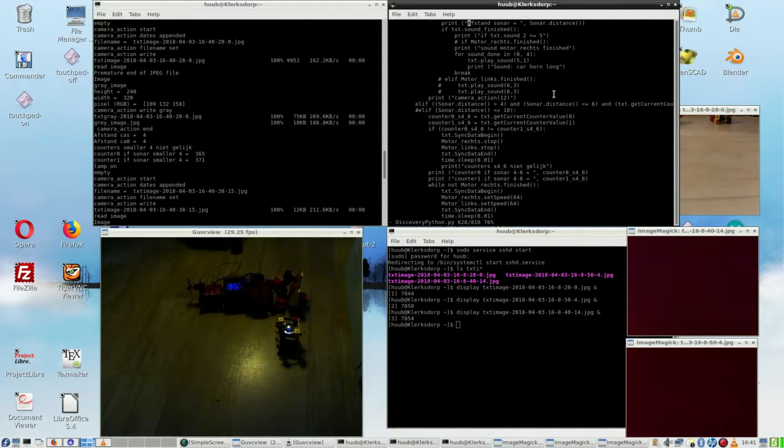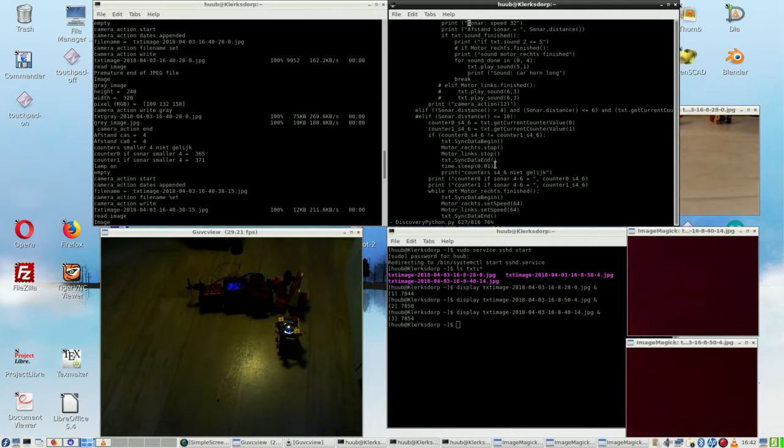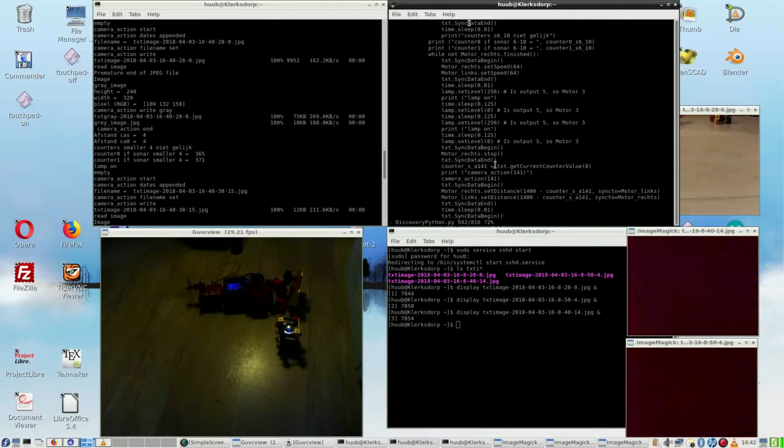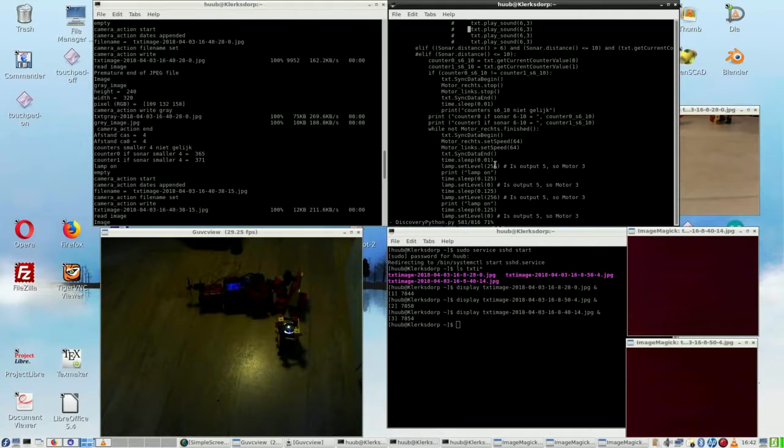Alright, here it is 5 and 6. So when it drives fast enough to have skipped 5 and 6, then it won't do this. But this condition has 7, 8, 9 and 10 centimeters to skip.